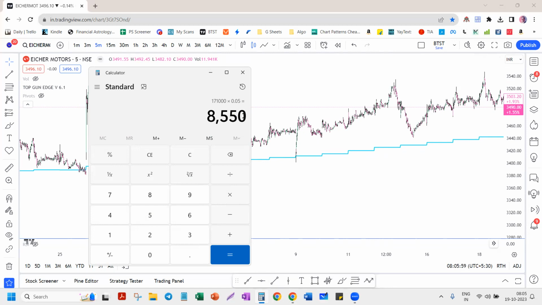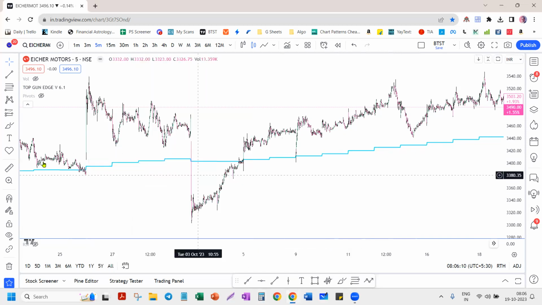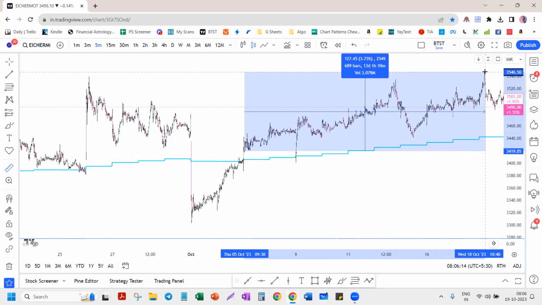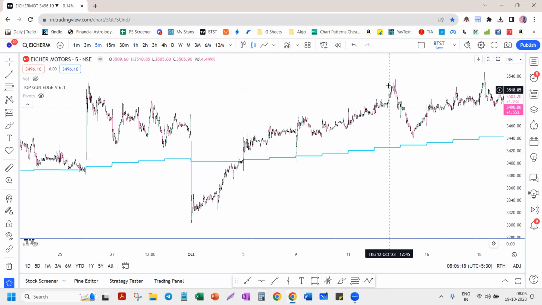How? 8550. So 8550 divided by 50 shares is 171 points that you need. Now, if you notice over here, we've already received 127. And it came down also, but you don't need to worry because it has not gone completely below.